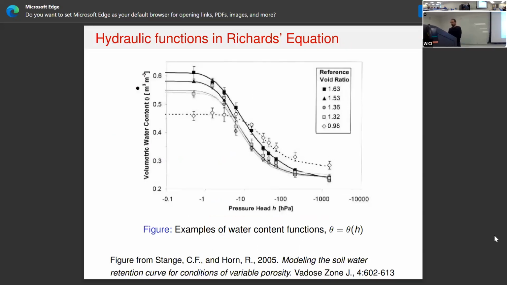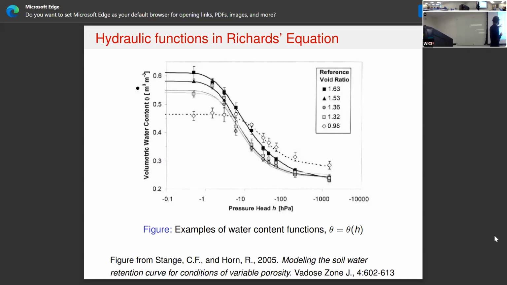So, as I said, this equation has been validated by, well, in several studies analyzing the percolation of water in soil.